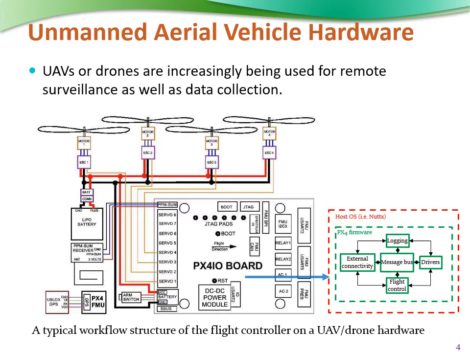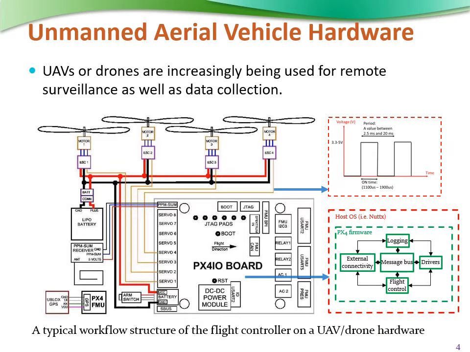The decisions taken by the flight control system go to the ESC, the electronic speed controller, which is associated with each motor of this quadcopter. Here is an example of PX4 for a quadcopter.